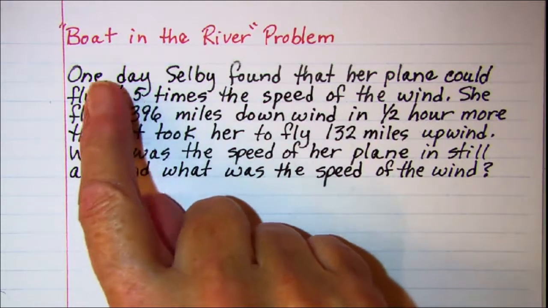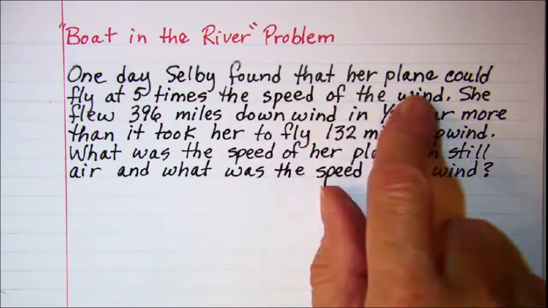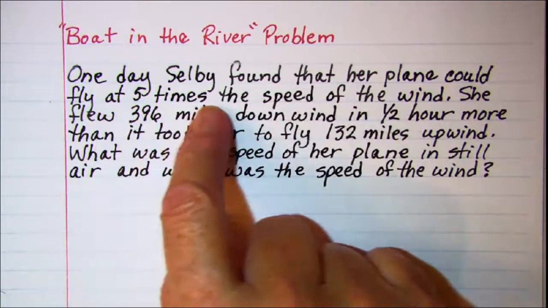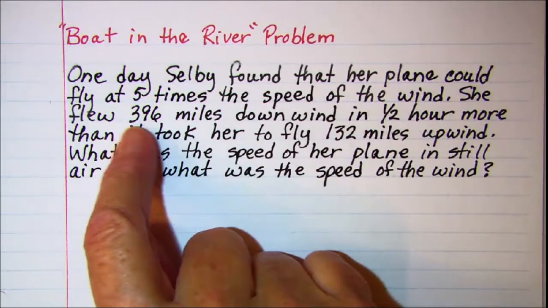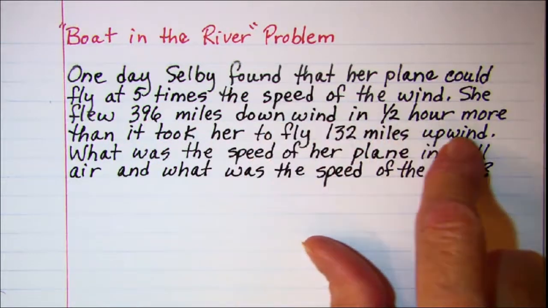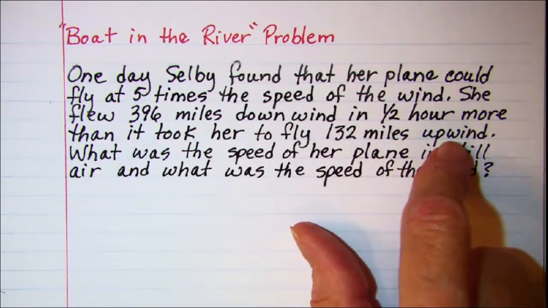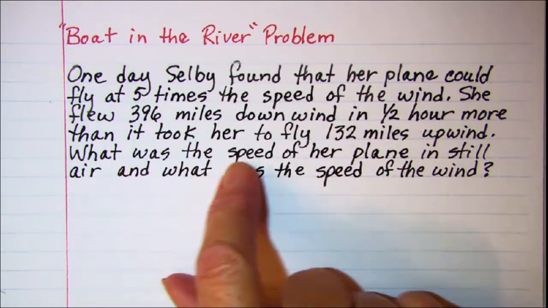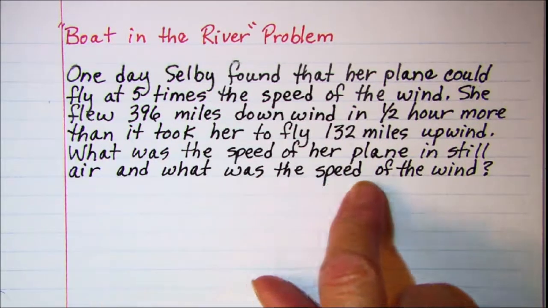So it's called a boat in the river problem, but as you'll see, sometimes it's not actually a boat in the river. Our problem: one day Shelby found that her plane could fly at 5 times the speed of the wind. She flew 396 miles downwind in a half an hour more than it took her to fly 132 miles upwind. What was the speed of her plane in still air, and what was the speed of the wind?